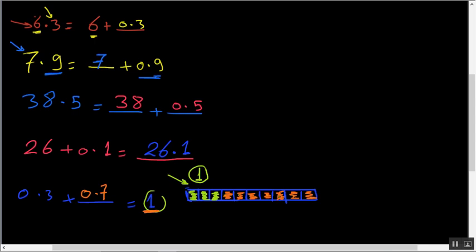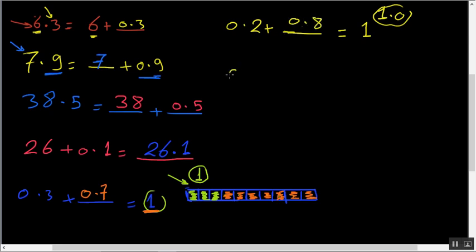If he said 0.2 plus space equals 1. 1 here means 10, like this form. This is 10. Here we have 2 and the remainder, we want to reach 10, so it will be 0.8.